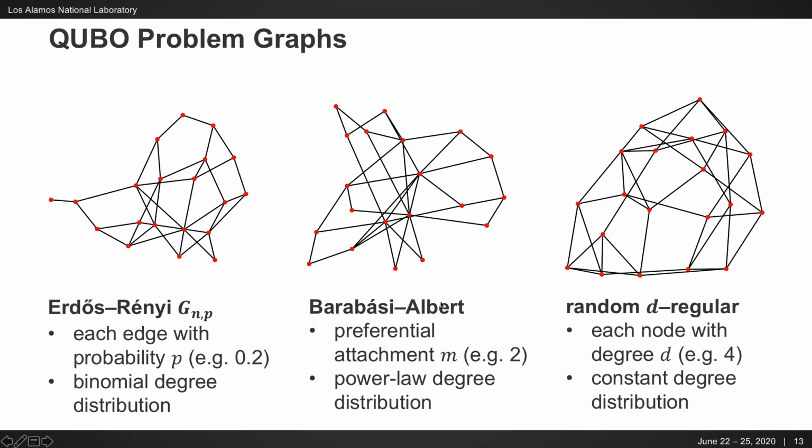Next, we look at Barabási-Albert graphs, which are used to model social networks, where newly joining people have a preferential attachment to already well-connected nodes. So, for example, this node attached to these highly connected nodes. So this gives a power law degree distribution.